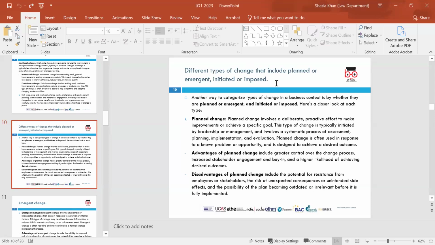Then we've got different types of change that include planned, emergent, initiated, or imposed. So another way to categorize types of change in a business is whether they are planned or emergent, initiated, or imposed. Planned changes: are these changes already planned, as in prepared? Yes.